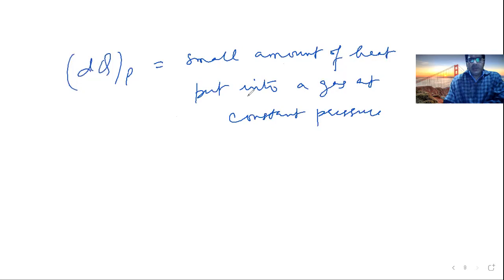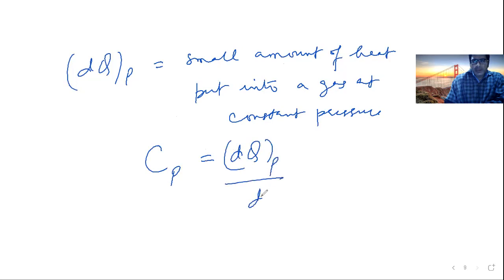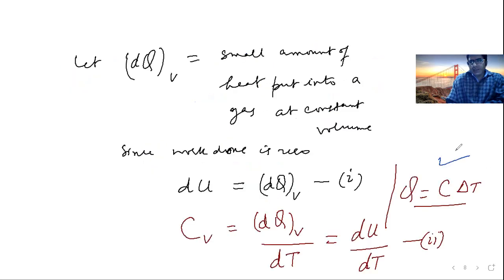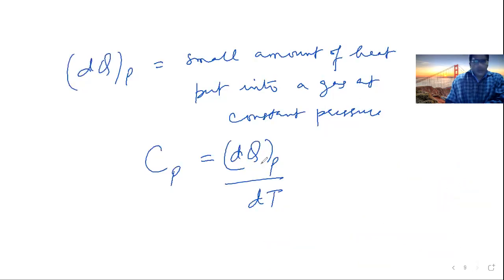Small amount of heat put into a gas at constant pressure, right? Now again, I can write Cp equal to dqp over dT. I have simply used what? This thing. Q is equal to C delta T, right? So I can write Cp is equal to dqp over dT. Let it be my third.